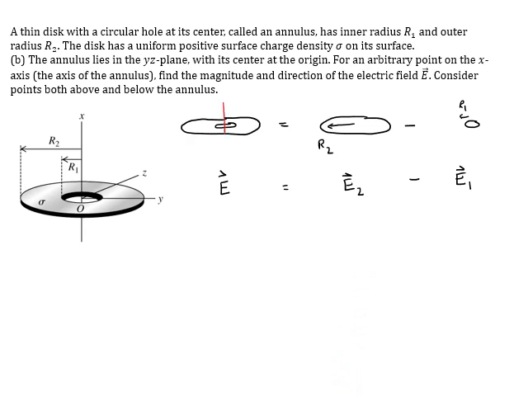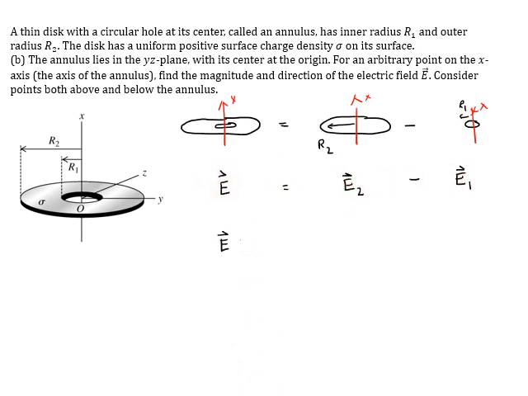Make sure we know what our coordinate system is. We're taking our x-axis going straight up through the center, concentric with all of them. Now, the good news is we already know the electric field of a disk. We can write down the expression of these two, then we subtract them to get our total electric field.